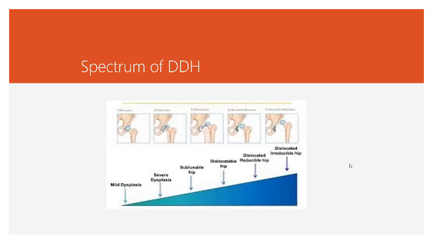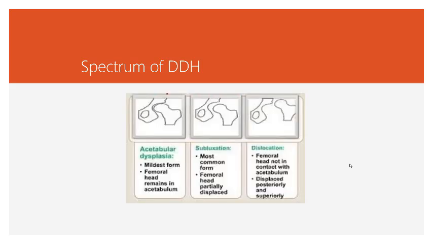Hip may be subluxatable, hip may be dislocatable, hip may be dislocated and can be reduced, hip may be dislocated and cannot be reduced, and sometimes the femoral head is within the acetabulum, but the acetabulum is not fully developed. That is called acetabular dysplasia.